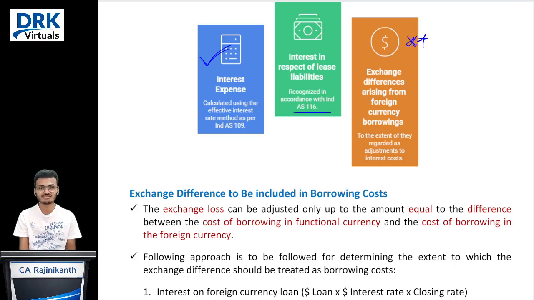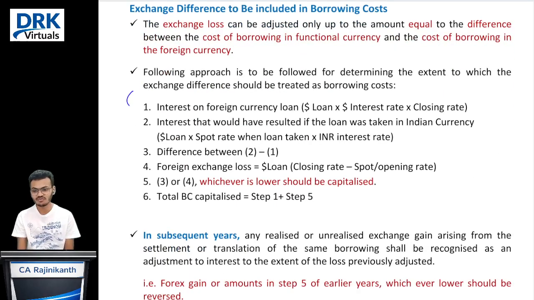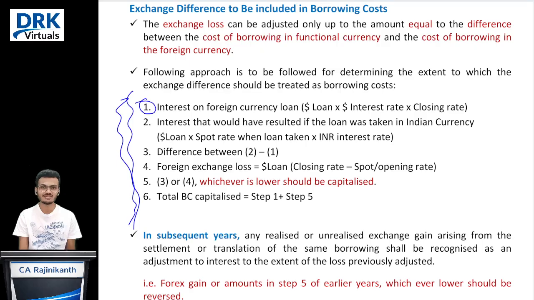How to calculate that amount? Simply, we need to follow these 6 steps. If we follow these 6 steps, we can get out of the confusion. We can easily calculate that amount. Firstly, you calculate actual interest on your foreign currency loan. How to calculate actual interest?